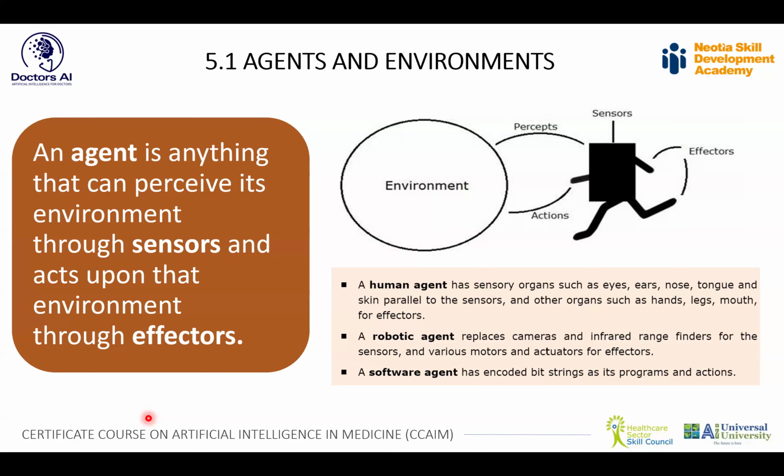That's exactly how an agent functions in response to an environment. So a human agent has got sensory organs. As we all know, we are all doctors. A robotic agent will have cameras and infrared rangefinders for the sensors and various motor functions for the effectors. A software agent will have encoded bit strings as its programs and actions.